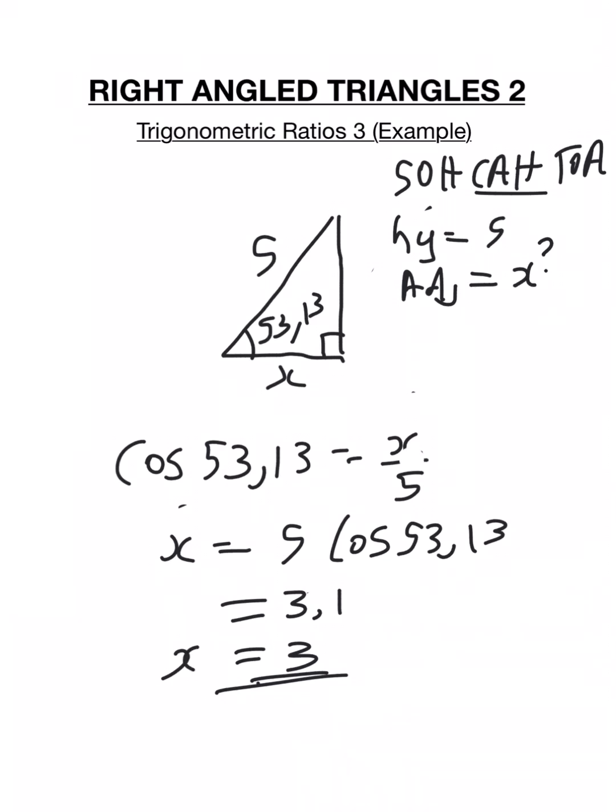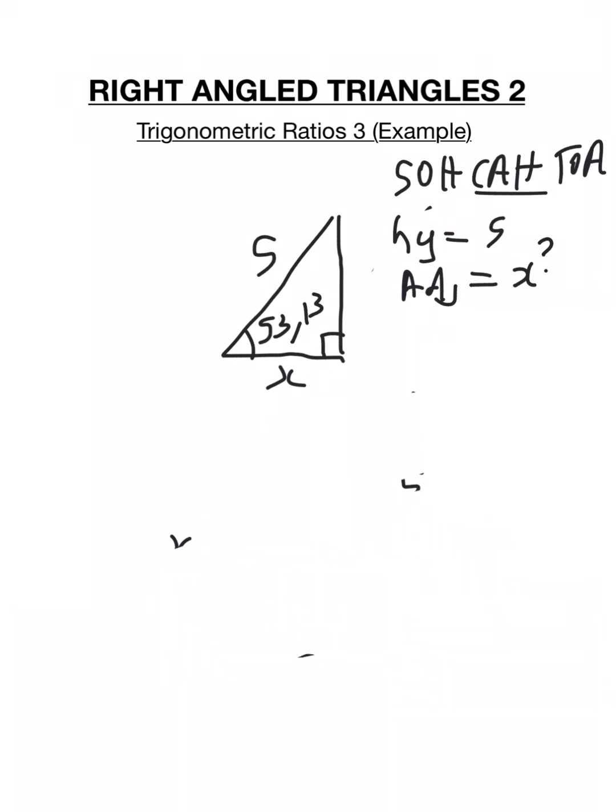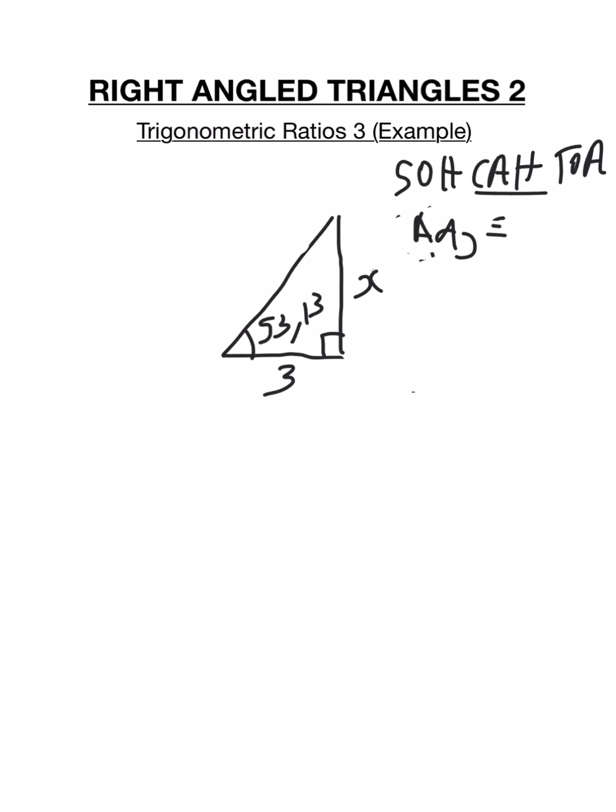Okay, let's try another trig ratio, which is not cos now, which is tan. Right, here now, let's say you are given the adjacent, but you are told to find the opposite, which is a missing side, x there. So we know that we have the adjacent in place, which is actually 3, and the opposite, the missing one.